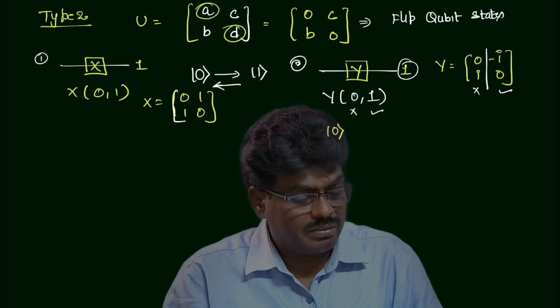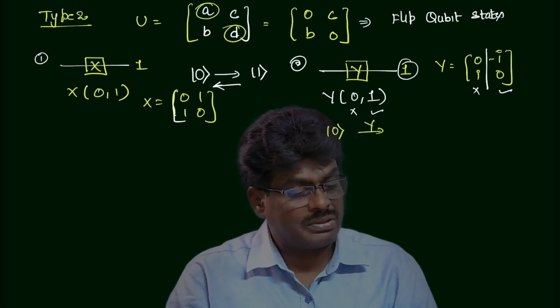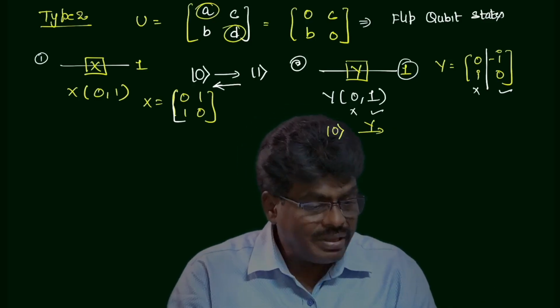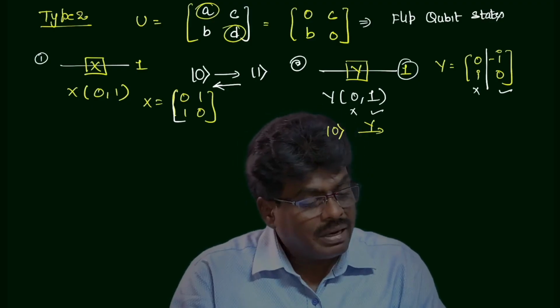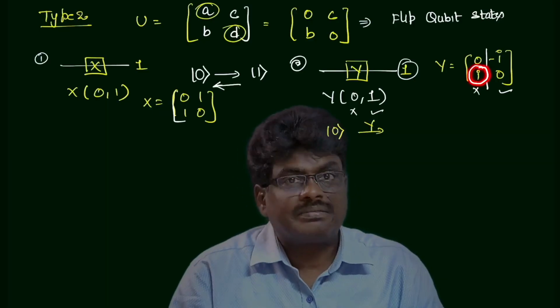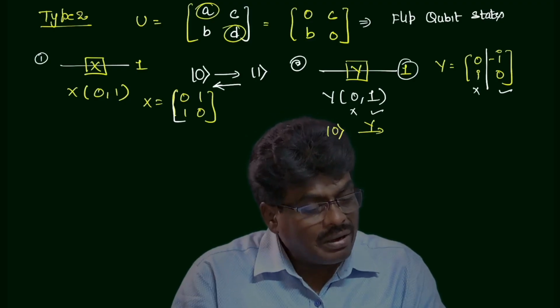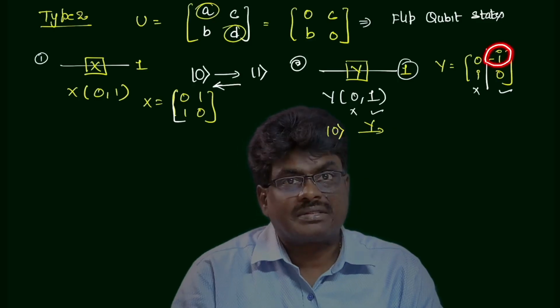So Y operates on this 0 state. We have to take 0 i. That means flip with the phase. Observe carefully, it will flip and add this phase. And if the target is on, it will flip the qubit and add this phase.